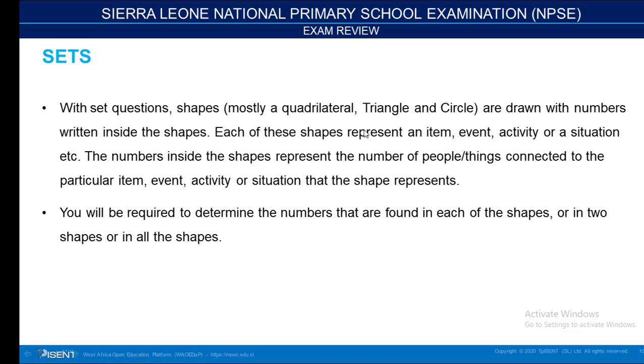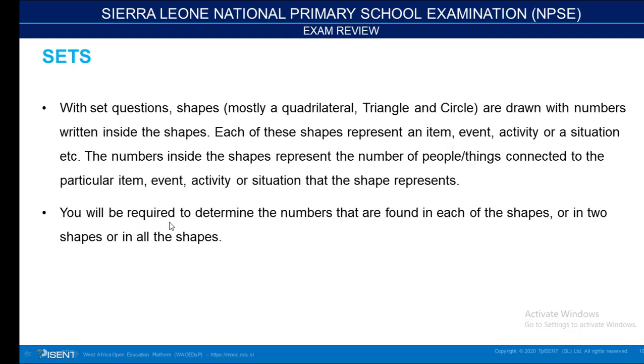Each of these shapes represents an item, event, activity, or a situation, etc. The numbers inside the shapes represent the number of people or things that are connected to the particular item, event, activity, or situation that the shape represents.